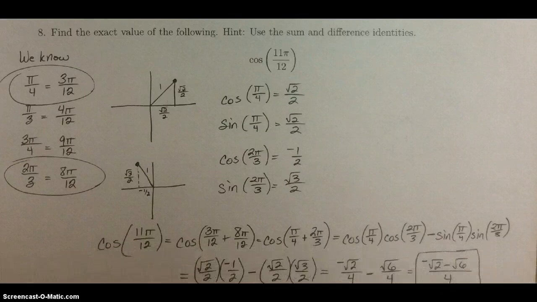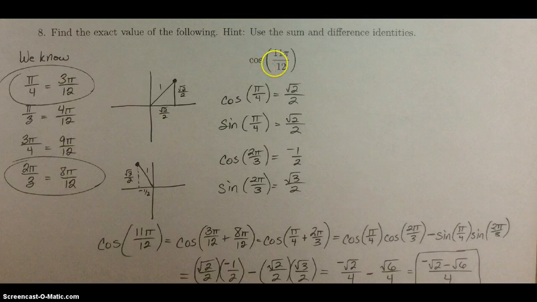Okay, sum and difference. This was one of the more difficult questions on the exam. When the problem is here, we don't know exactly what this value is. Several of you realized, okay, I need to split that into 2 angles. Well, I know that pi over 4 is 3 pi over 12, and 2 pi over 3 is 8 pi over 12.